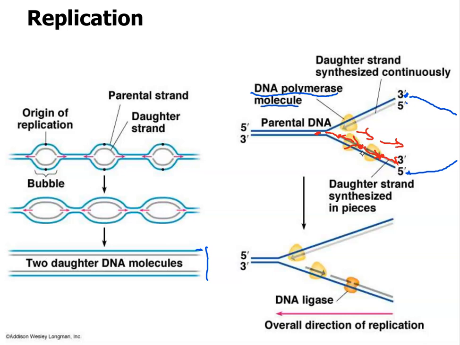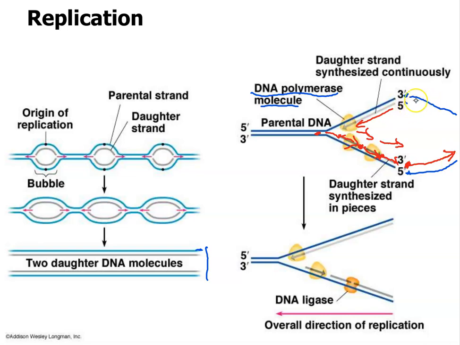The leading strand is not a problem, so we're going in this direction up here. That's not a problem, 5' to 3', but the other side here has to be synthesized in pieces. And let me just demonstrate this here as a continuation. Of course, if you're starting here on this strand, this is now your leading strand going in 5' to 3' direction, the way it wants to go, and go all the way to the end of that chromosome in this case.